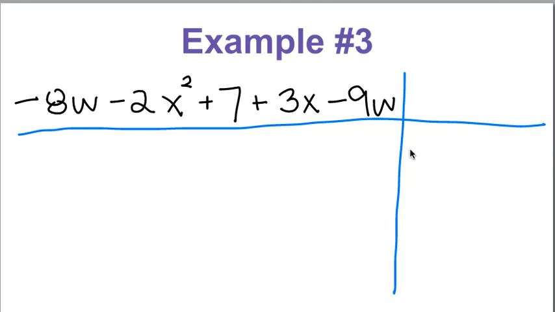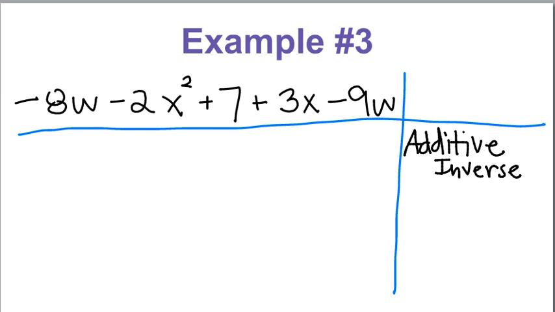Now, some of you will have more success or feel more comfortable actually writing your properties first and then showing the work. So maybe as you're looking at this, you're saying, okay, well, there is some subtraction, so I would do the additive inverse. So let's do this example, writing the property first, then the work.